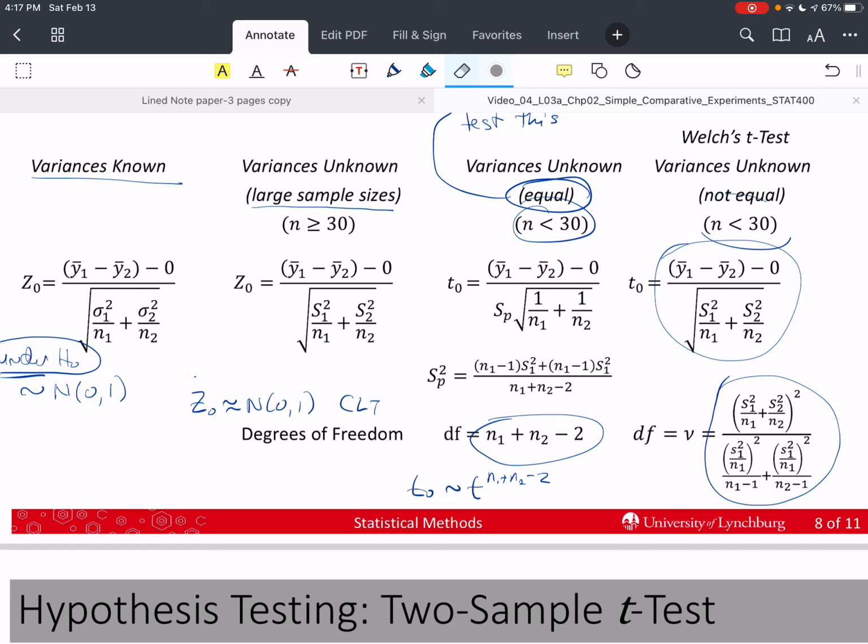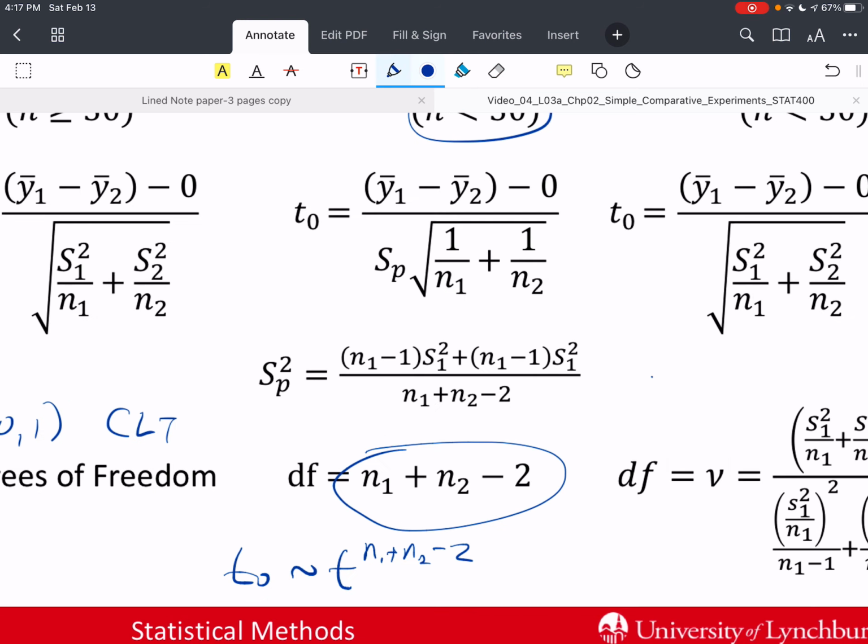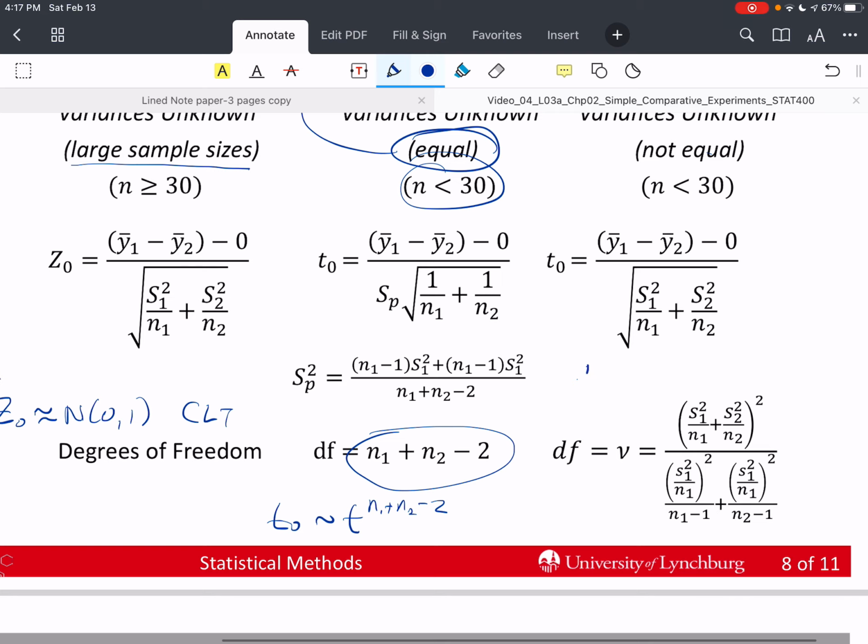When the variances are not equal and small sample sizes, we have Welch's t-test. In this case, T naught has a T distribution with nu degrees of freedom, where again, we calculate nu with that lovely formula.